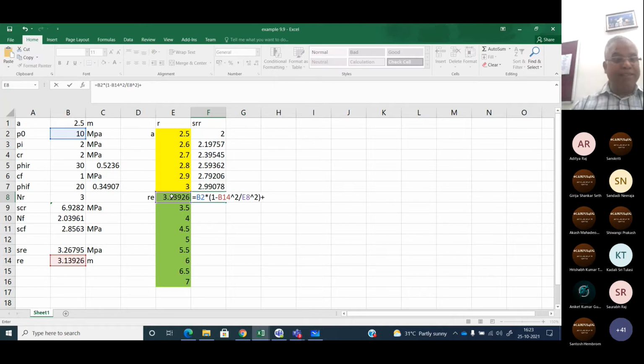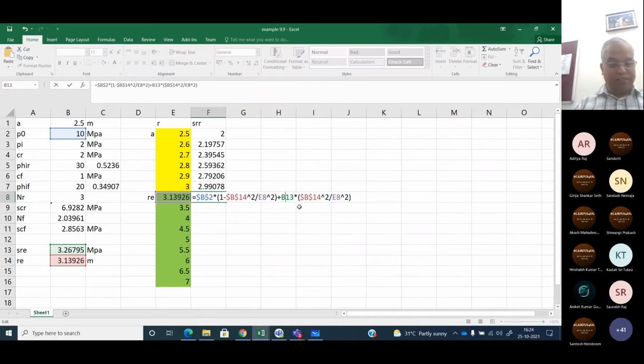Okay. Plus sigma RE multiplied by RE square by R square. So let me copy this. Okay, first let's fix it, then I copy. This one will also be fixed.